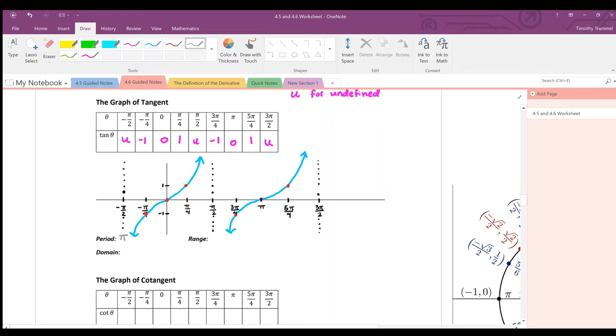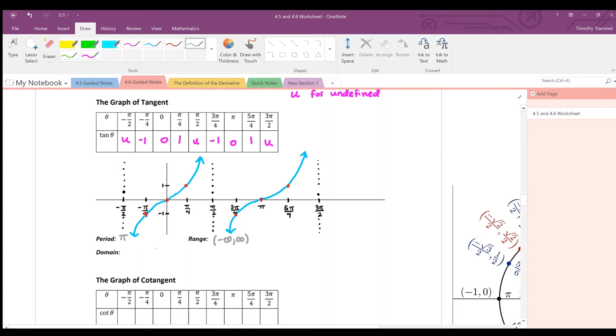And since we have these vertical asymptotes, you can see that our function is growing without bound as we get closer to, say, 3 pi over 2, and it's decreasing without bound as we get closer to pi over 2 over here. Okay, so the range is actually all real numbers. And the only thing that's really a little odd here is the domain, because every pi units we have another vertical asymptote.